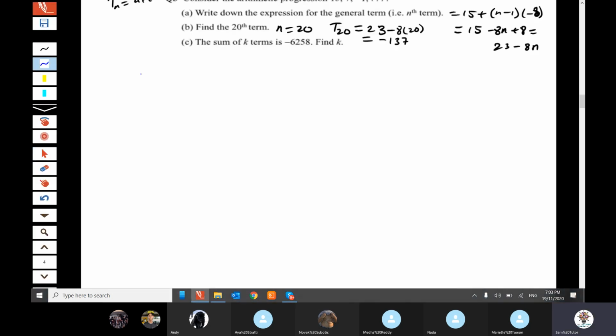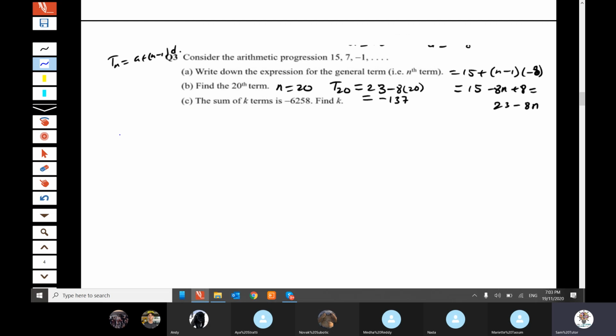The formula was, as you just said, Sn equals n over 2. Let me check the earlier answer: 8 times 20 is 160. 160 take away 23 is 137.